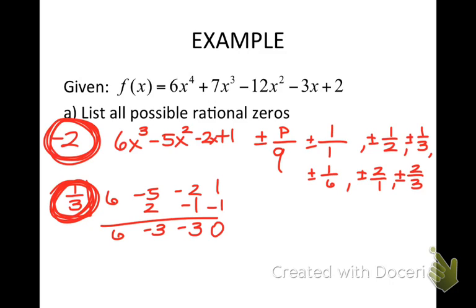So now what am I left with? 6x squared minus 3x minus 3, which we know how to solve, since it's a quadratic. Is it factorable? It is. Factors of negative 18 that add up to negative 3.